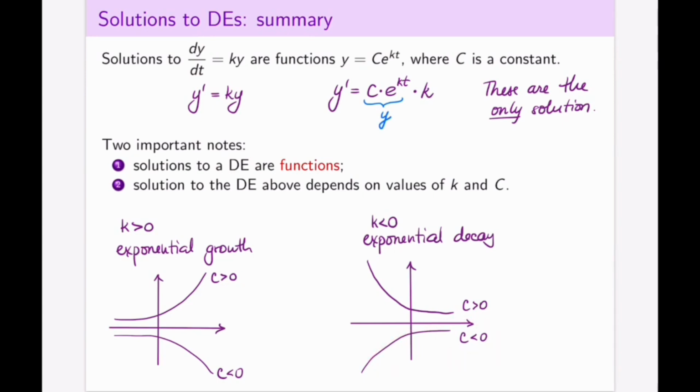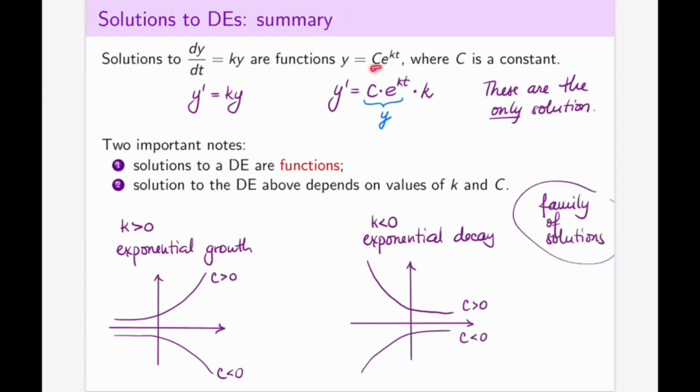The collection of these curves, because we're getting really a whole collection, right? Depending on the value of c, I might have this, or this, or this, or that, or any other of the infinitely many possibilities. The collection of similar curves is called a family of curves. So in fact, what I have here is a family of solutions.